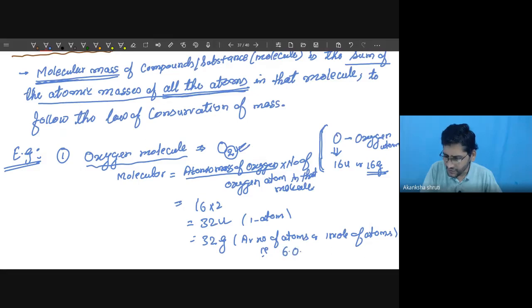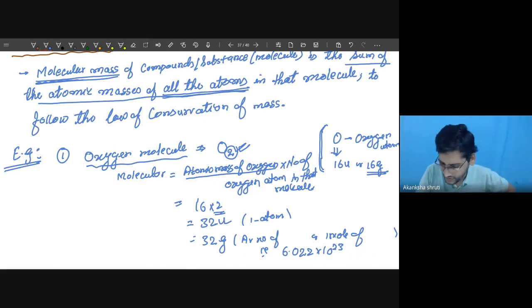We have learned 6.022 into 10 to the power 23 are kept together. So here it is not the atoms, but we have taken the molecule. So it is Avogadro number of atoms multiplied by their atomicity also. So for Avogadro, it is better to use the term molecule, since it is the molecule we are considering. So Avogadro number of molecules we shall write.